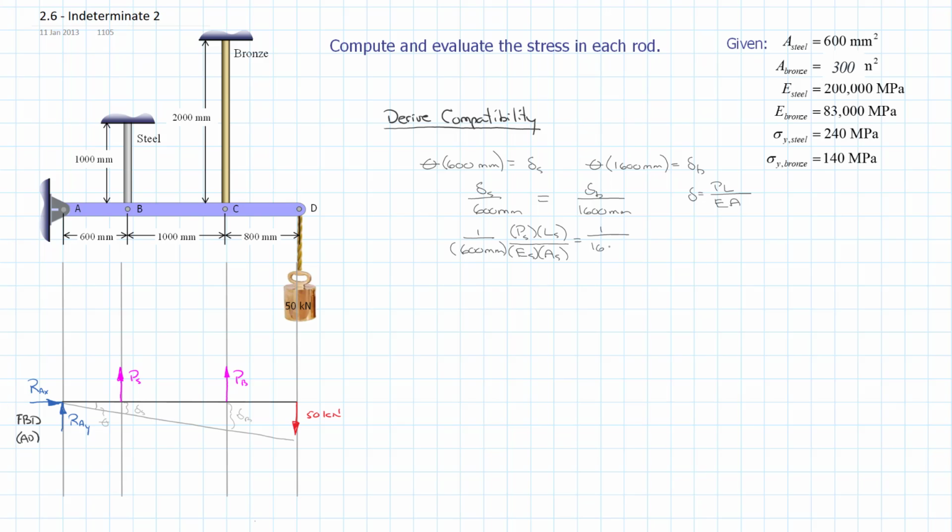And 1 over 1600 millimeters multiplied by the internal force in the bronze times the length of the bronze rod, divided by the modulus of bronze and the cross-sectional area of the bronze rod.